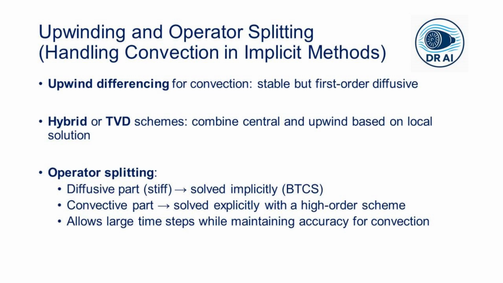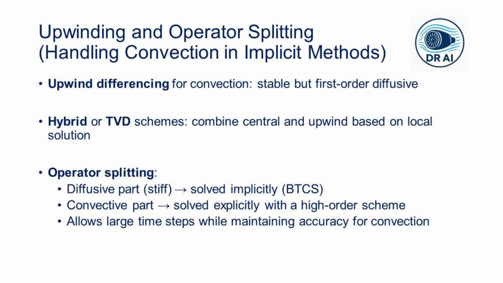For fluid flow simulations, it's rare to use the pure BTCS scheme with central differencing for convection. Instead, we use implicit schemes for the diffusion part, which gives stability, and treat convection with more sophisticated, often explicit or semi-implicit methods. A popular strategy is operator splitting.